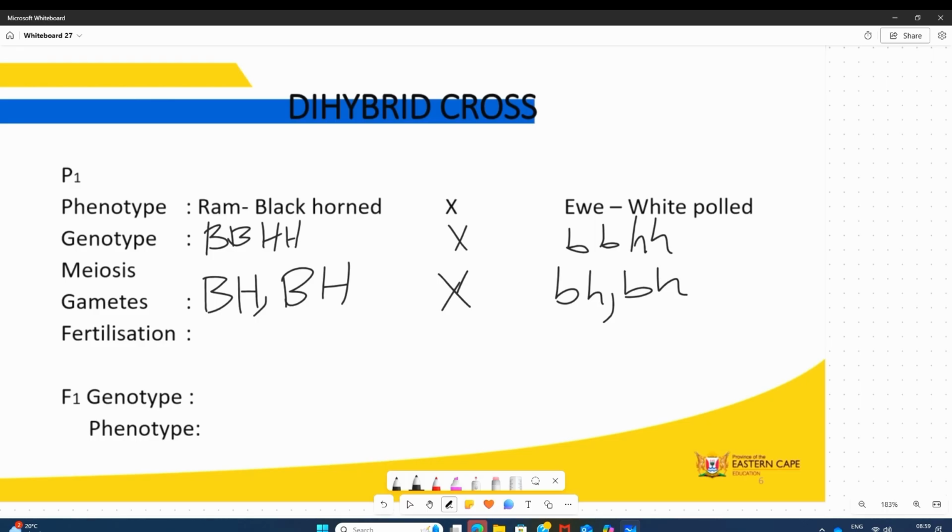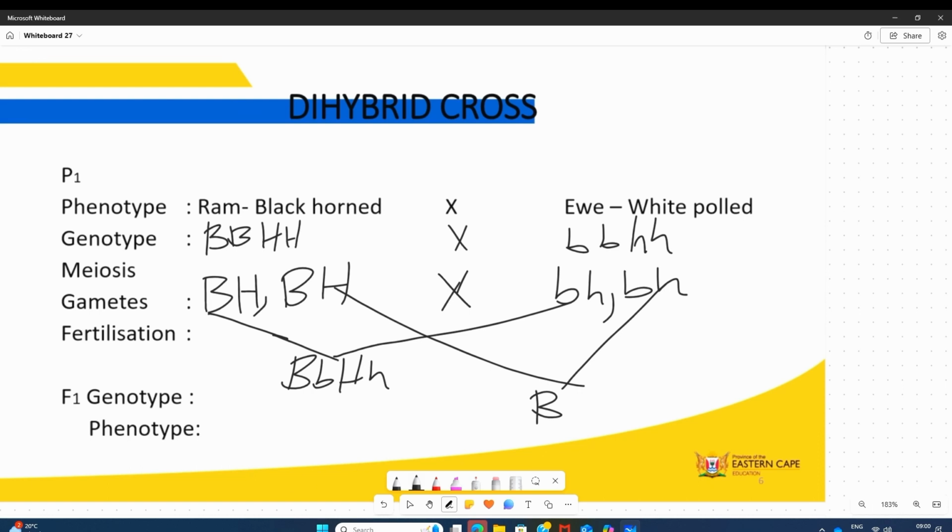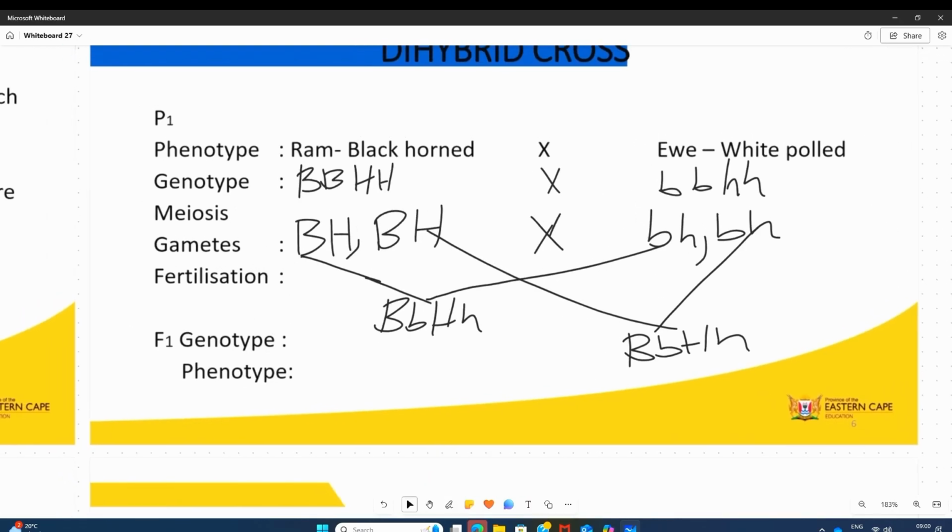So fertilization will occur. When fertilization occurs, we are crossing the male gamete and the female gamete, which will give us a heterozygous individual, and another heterozygous individual, right? That is the genotype of the first filial generation.